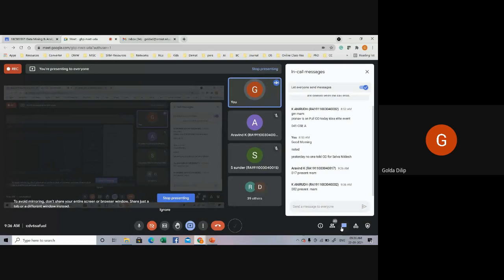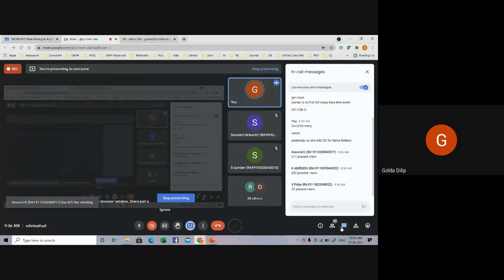22, Shakti Priya. Shakti Priya is present. Okay, 23, Nishok. Nishok is there? No response. Shreya? Present, ma'am. Suvedha? Present, ma'am. 33, Vishal Bhashyam?